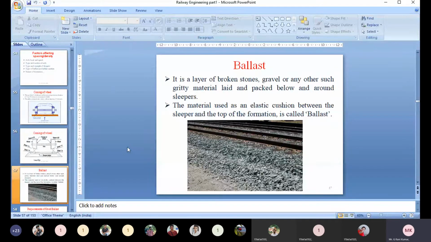And one more thing we should know, the main role of ballast within a railway track is to transfer the load of trains from sleepers to the earth. And it will transfer the entire moving load of the train to the earth over a large area. Understand or no? So that is the main role of ballast.